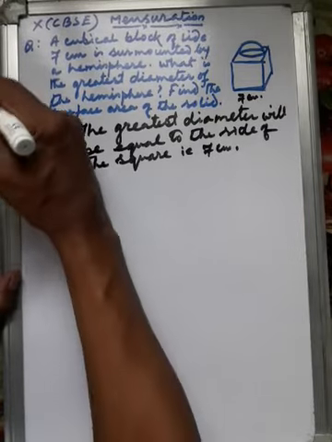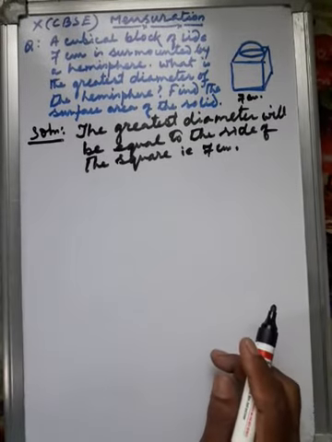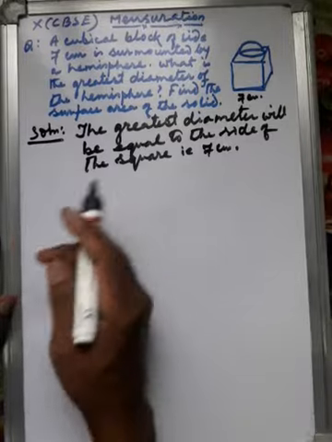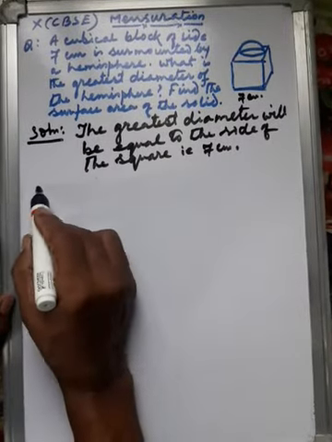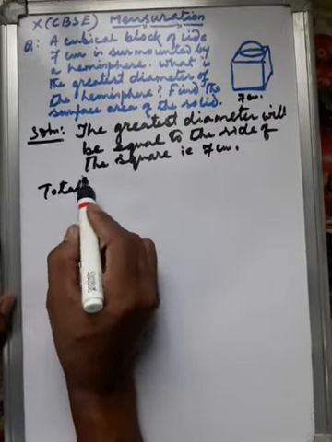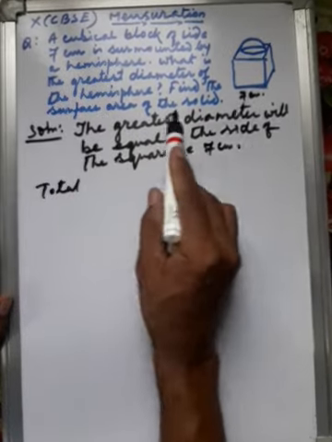The curved surface area of the hemisphere, you know, is 2 pi r square. What you have to find is the surface area of the solid.